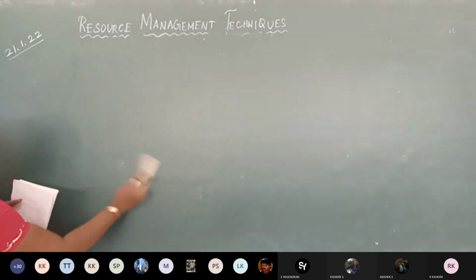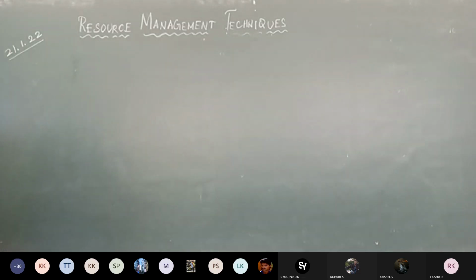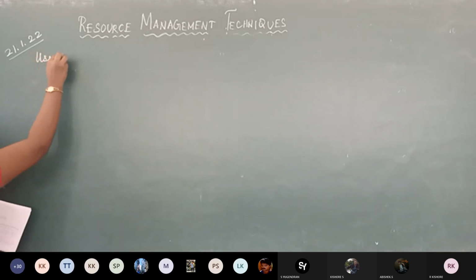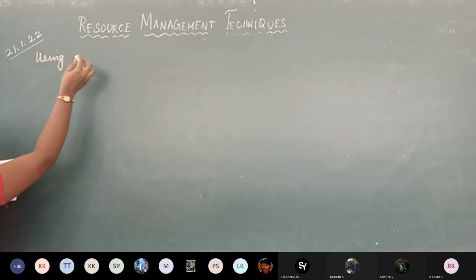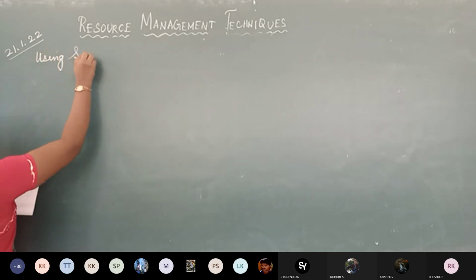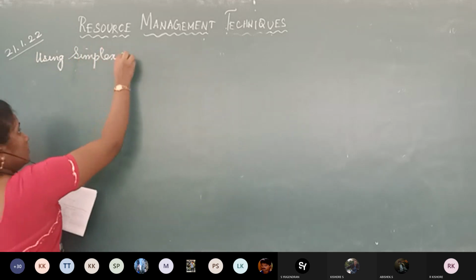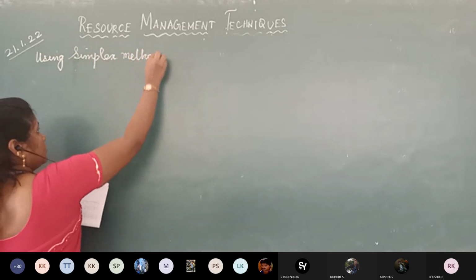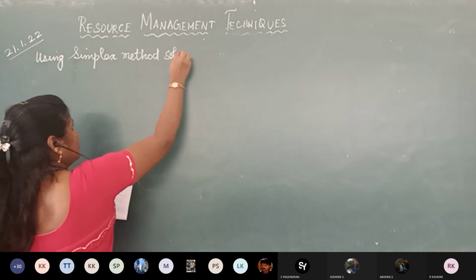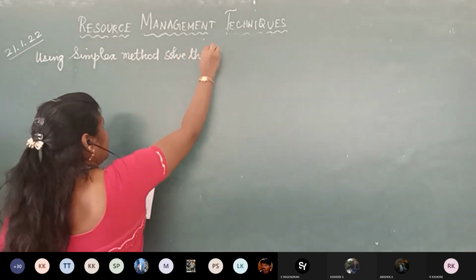Write the question. Using simplex method, solve the following LPP.